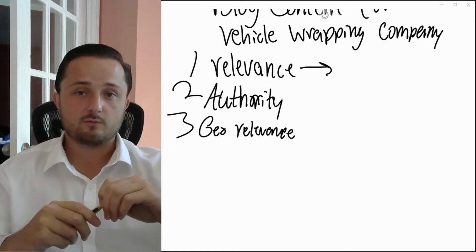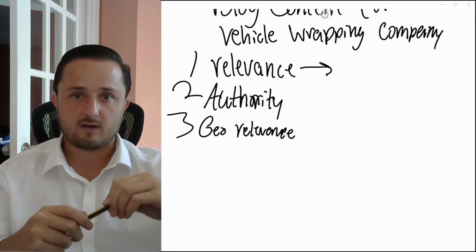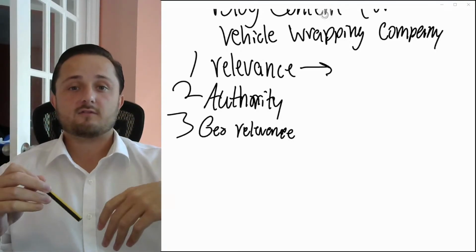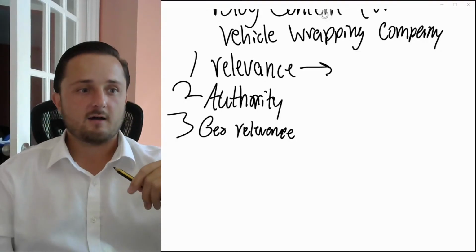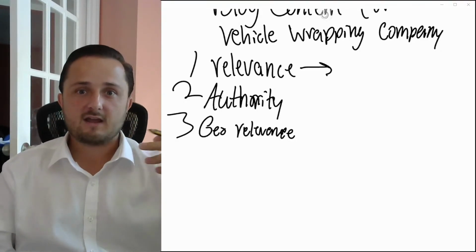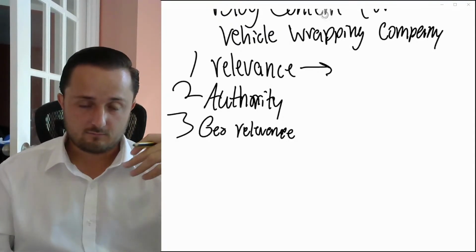We can also do Corvettes. We can do BMWs, right? On these make pages, we optimize them so whenever someone searches Porsche wrapping company or Porsche wraps, Porsche paint protective film or paint protection film, that page is ranking.